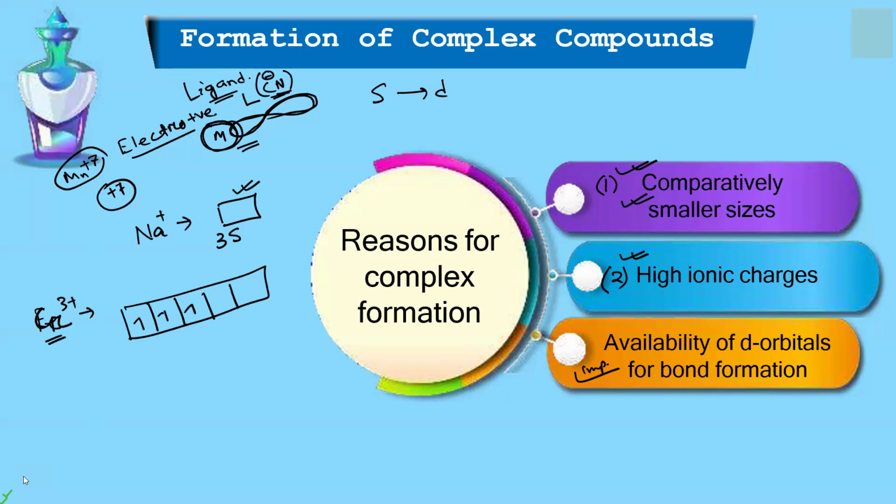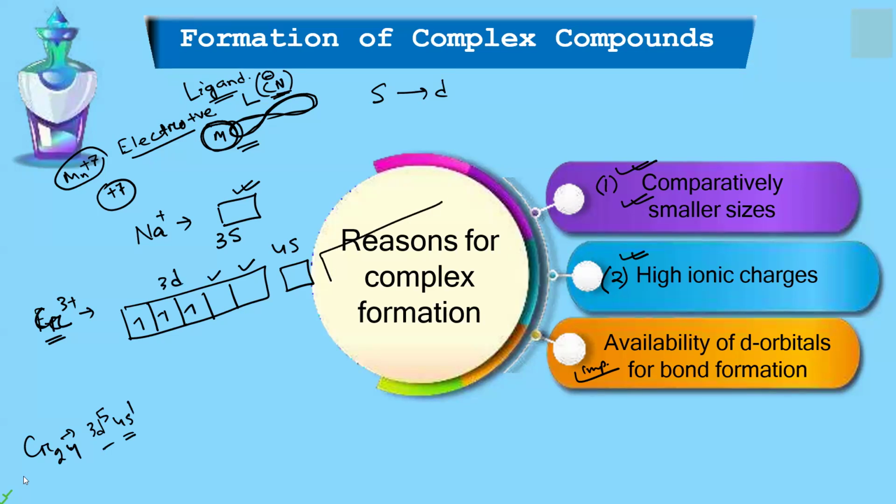Still, you have 2 vacant d orbitals. Again, 4s had 1 electron previously. In chromium, if you remember, atomic number 24, it has 3d5 4s1. This has 1 electron in 4s. Now 4s is also vacant. Okay? 4s is also vacant.